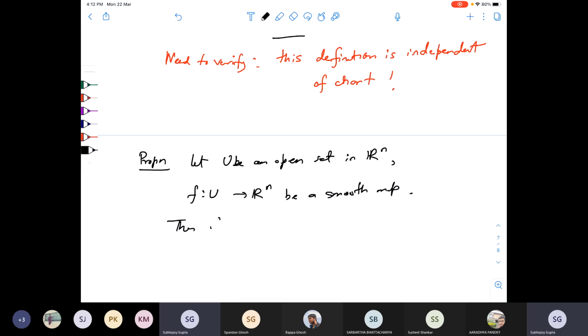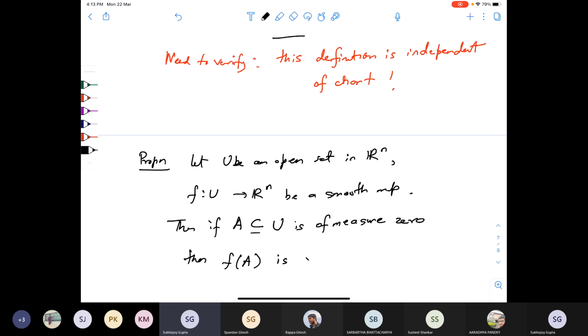And if you have some subset A that has measure 0, then the image under F also has measure 0. So that's the proposition.